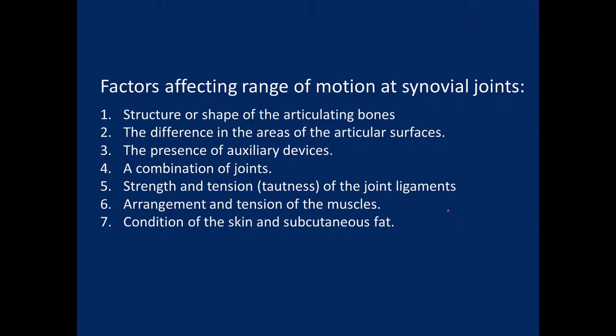Okay, and here you see the factors affecting range of motion at synovial joints. First of all, this is the structure or shape of the articular bones. As you probably remember, the most movable joints have three axes, and these are flat or spherical joints. The difference between areas of the articulated surfaces is also important.